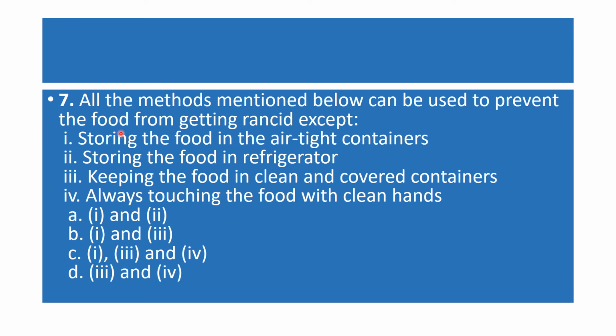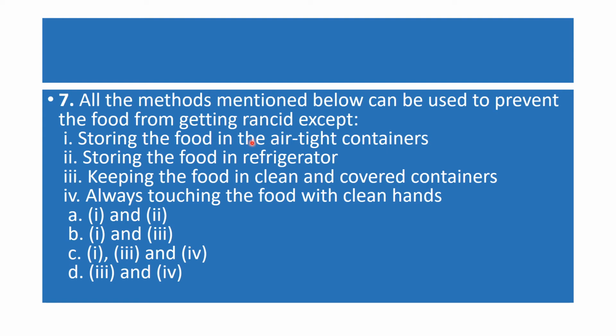Next question: all the methods mentioned below can be used to prevent food from getting rancid except. So which methods can be used to prevent the food from getting rancid?